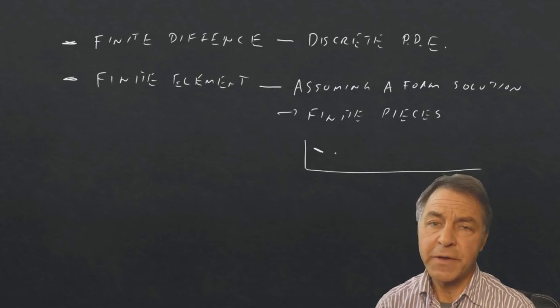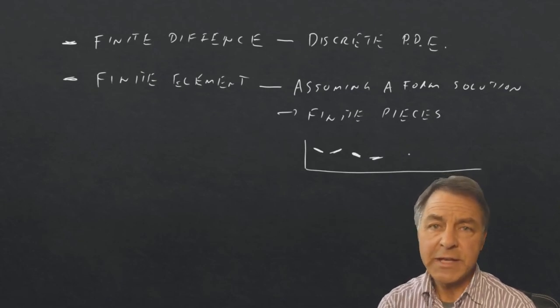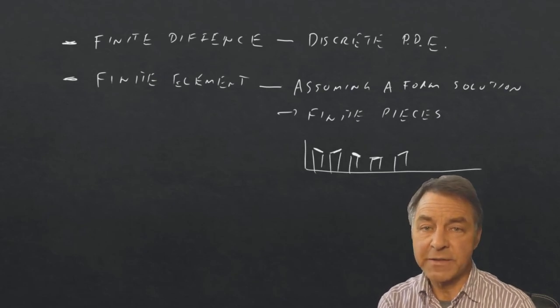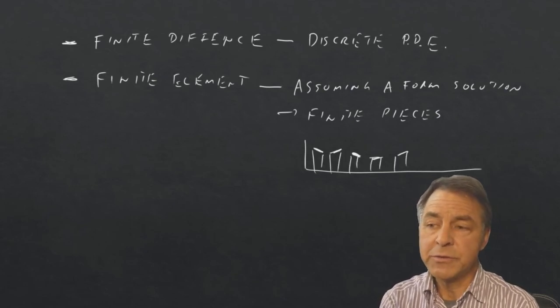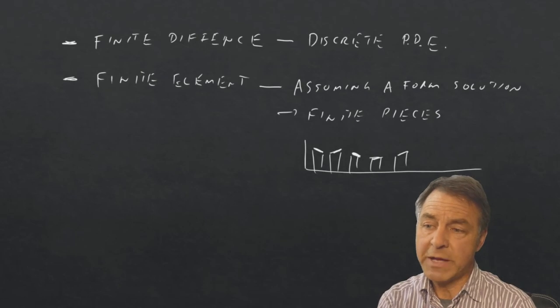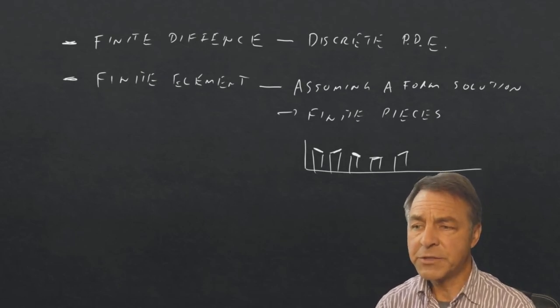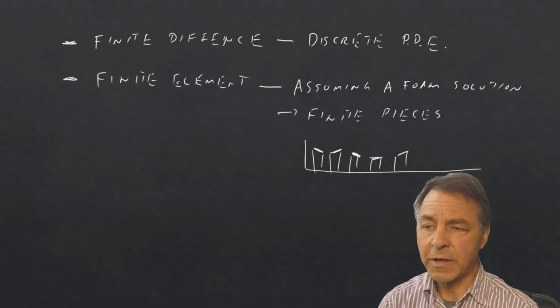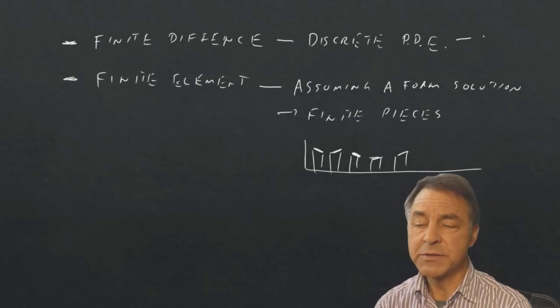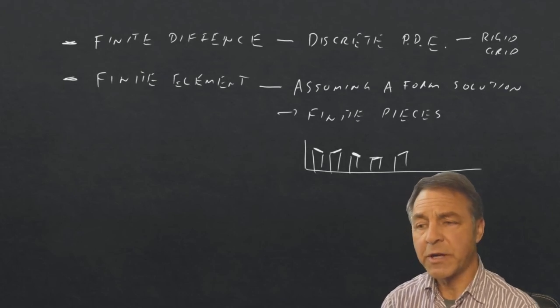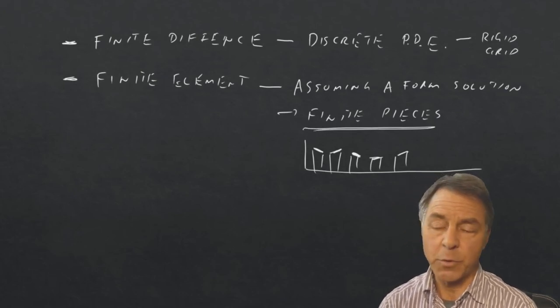So those are the finite pieces, and so it's key in making a solution efficient that the form of those W's is one that makes the solution efficient and matches the result. So essentially, the finite element method allows you to break the problem into pieces, finite pieces, and solve each one in the simplest possible function, simplest possible form.